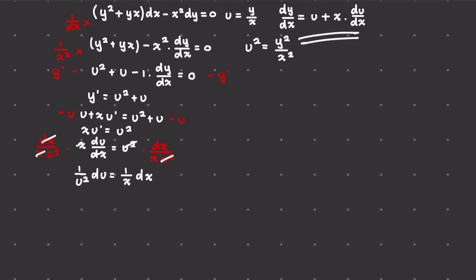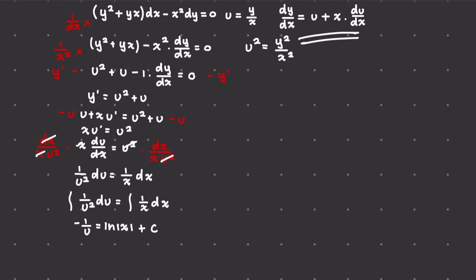And so we just need to integrate both sides. The integration of 1 over u squared du equals the integration of 1 over x dx. 1 over u squared du will give us negative 1 over u, and the integration of 1 over x gives us ln of x plus c.